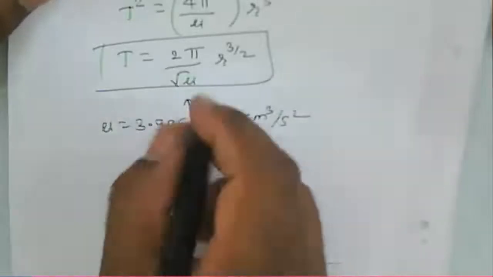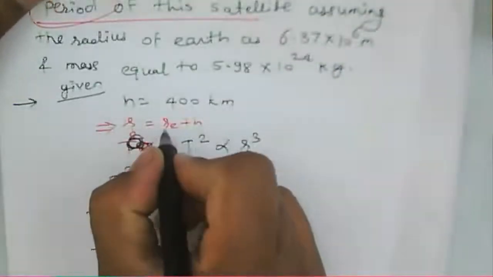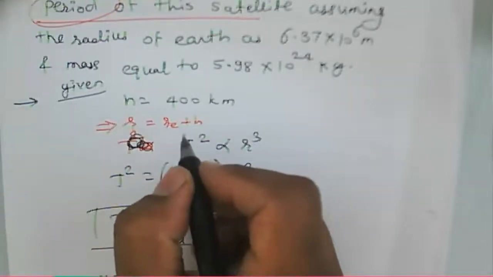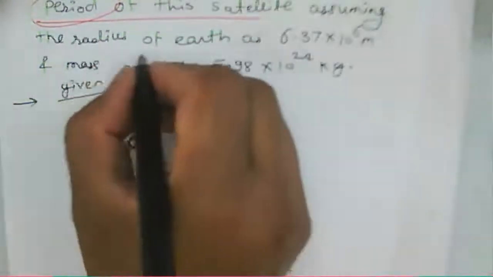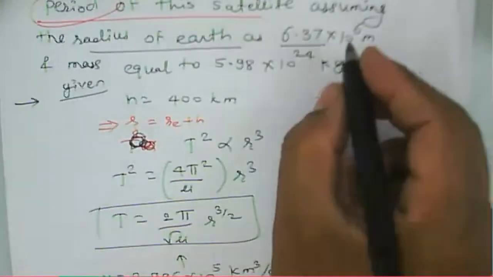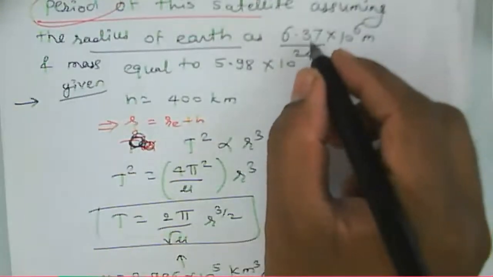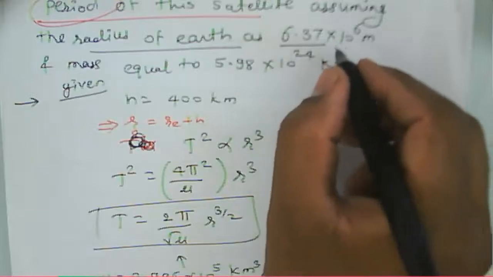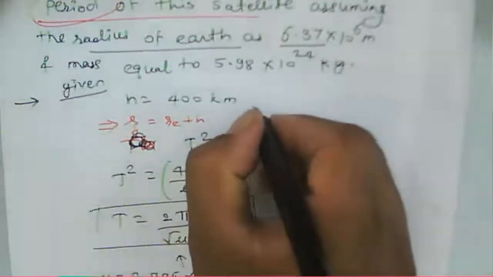Now what is about the R? R is nothing but what? R is equal to Re plus H. And this radius of the earth is given, that is 6.37. If you calculate in terms of kilometer, 6370 kilometer.